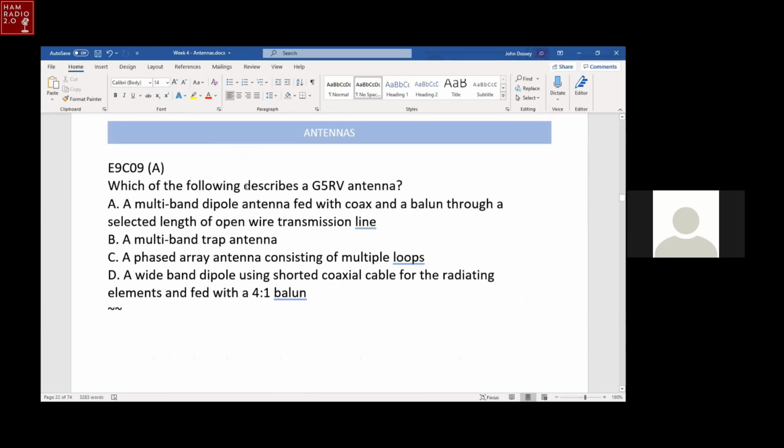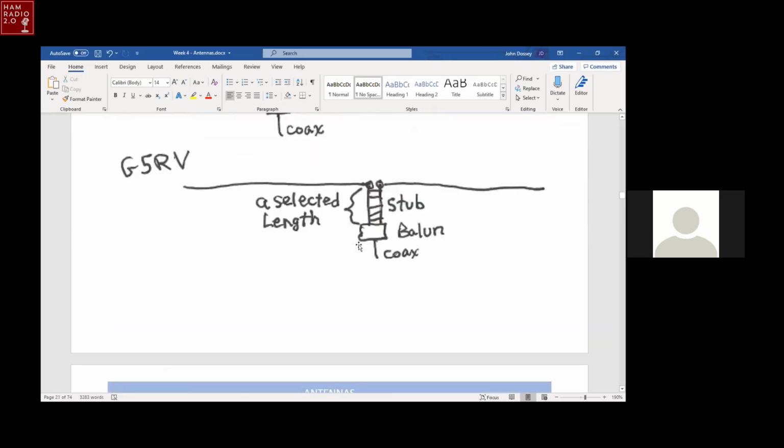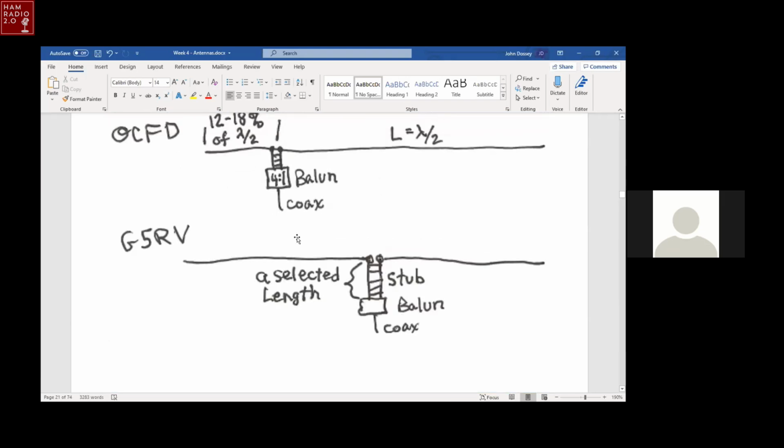Hey, John. Hello. That piece of ladder line is approximately a quarter wavelength. The selected length is a quarter wave? Approximately a quarter wave for the G5RV. Okay. A quarter wave at what frequency? The center frequency of the G5RV, and I think that's 20 meters. Okay.